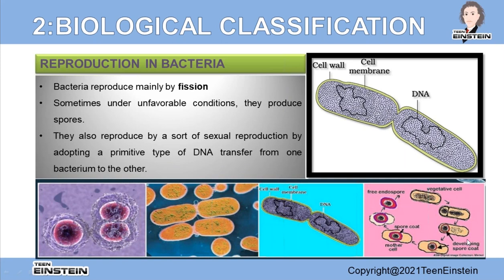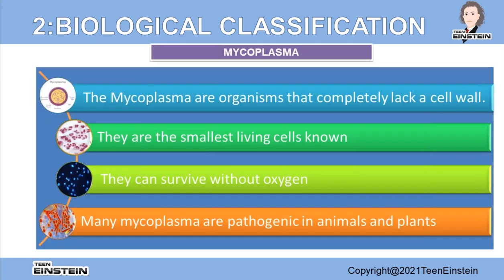That's the way they reproduce sexually. But during unfavorable conditions, they form spores to withstand that condition. Mainly, bacteria reproduce by binary fission. So the main method of reproduction is binary fission.